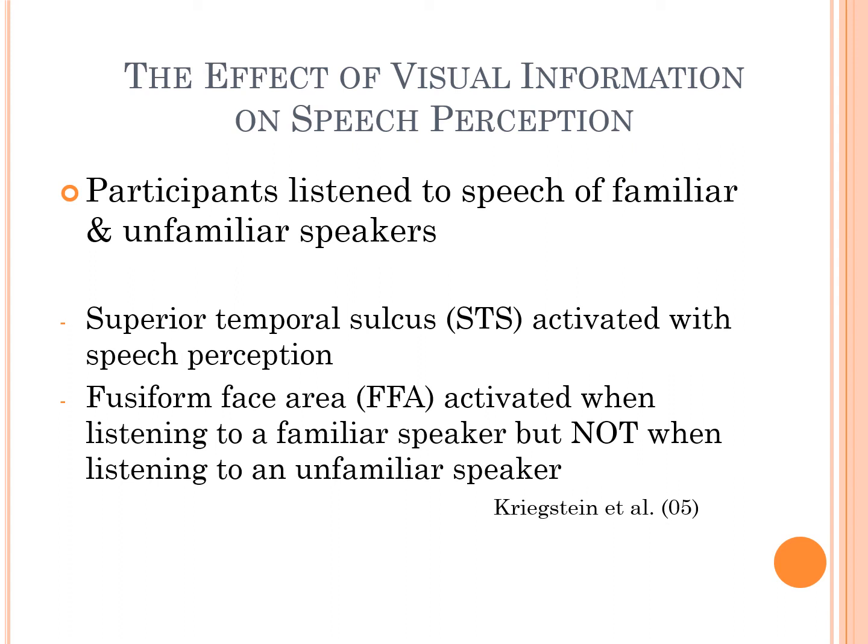So if we have some kind of image in mind for a particular speaker, that fusiform face area is active as we're trying to imagine them saying it to some extent. Whereas if it's an unfamiliar speaker, there's no activation of this image of a person. If you're listening to me right now, it probably doesn't feel like you're imagining her face saying these things, but your fusiform face area is active.